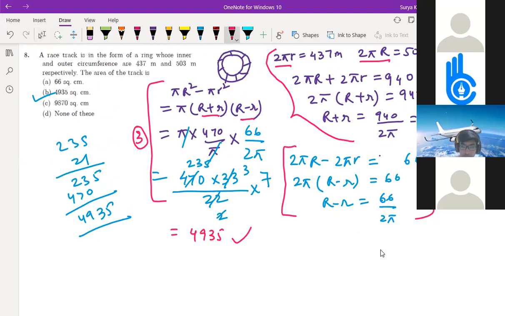Yes, sir. Isn't there a faster way to do it? Faster way? How fast? These are long questions, sir. Sir, you cannot say faster, it's more lengthy. See, children, how can you do it faster? If you have practice, that's it. This is the only way. Sir, that's the fundamental.